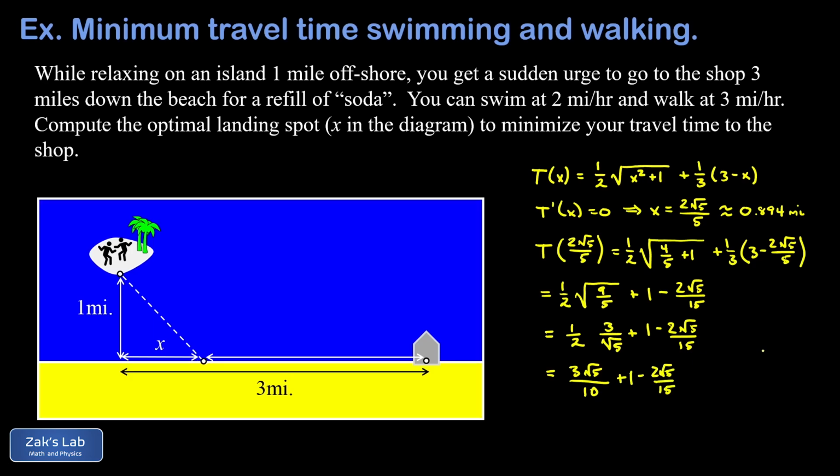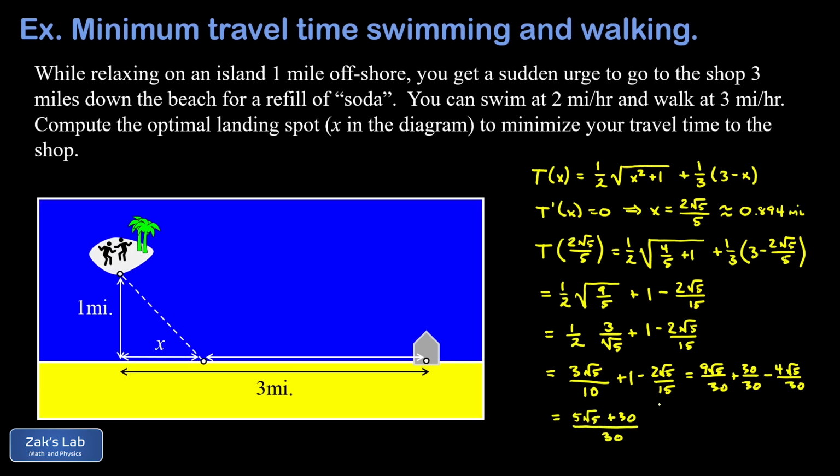So it looks like our common denominator is going to be 30 here. So I end up with a 9 root 5 multiplying by 3 over 3 in this first fraction. So 9 root 5 over 30 plus a 30 over 30 minus 4 root 5 over 30. So combining the two radical terms there, I get a 5 root 5. And I have 5 root 5 plus 30, all divided by 30.